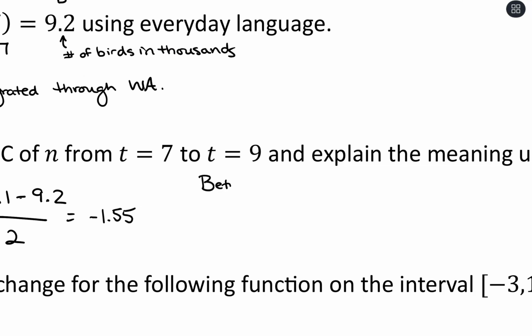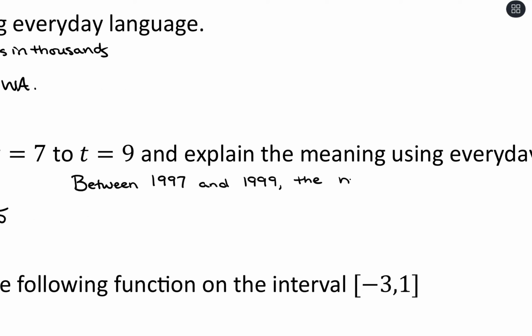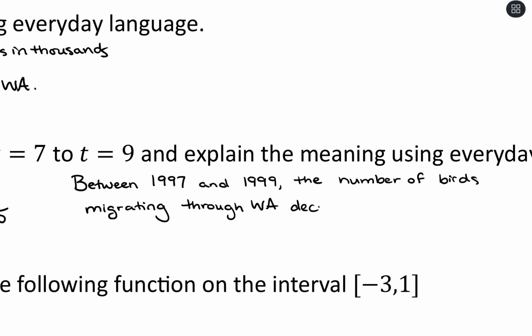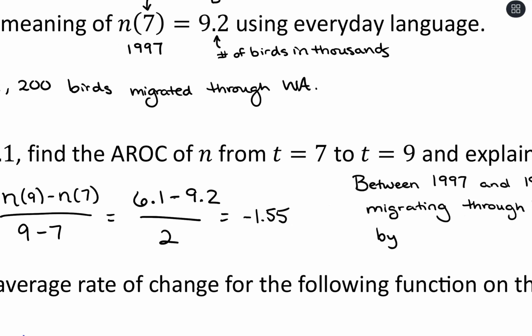So let's say between 1997 and 1999, the number of birds migrating through Washington decreased on average by, and that would be number of birds per year.